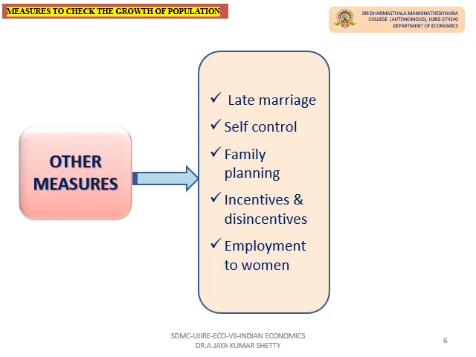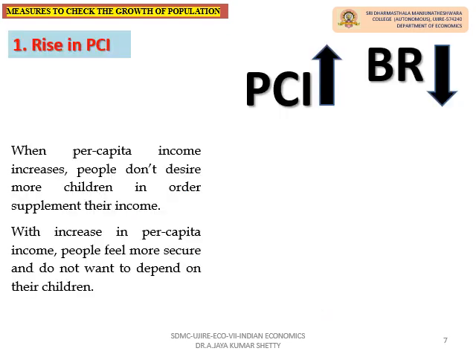So let us understand one by one the important measures to control or check the rapid growth of population in India. Economists argue that by raising the per capita income, we can bring down the birth rate. Demographic history of various advanced countries shows that there is an inverse relationship between per capita income and a country's birth rate.